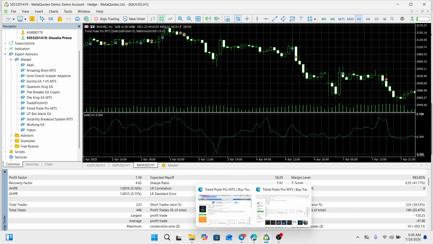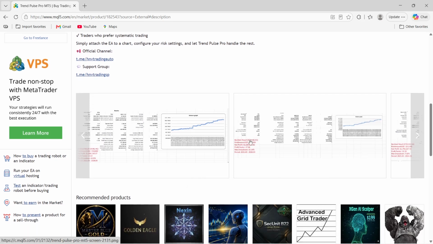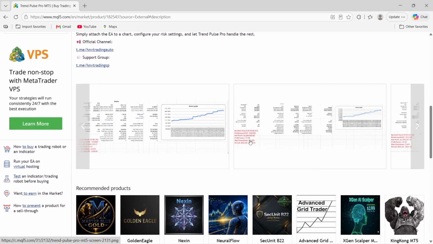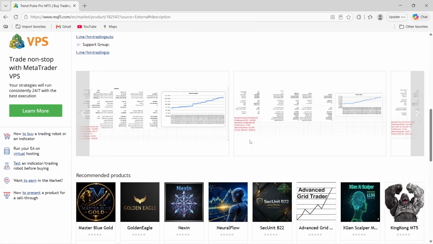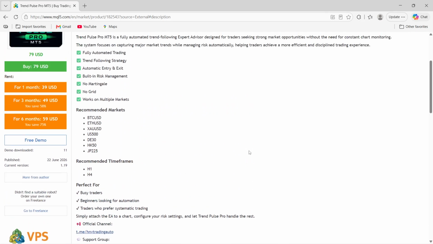As for the nuances and hidden risks, trend following EAs can experience extended drawdowns during choppy or ranging markets. Live slippage, news events, and broker spreads can impact entries and exits. Forward testing is essential, in practice, combined with good market selection and patience.